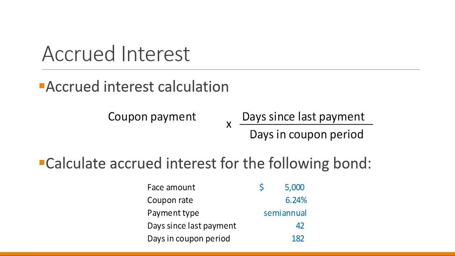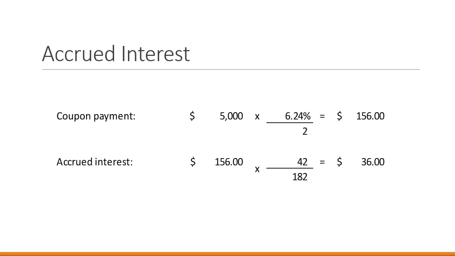So here we have an example to calculate the accrued interest given the following bond information. We have a $5,000 bond with a coupon rate of 6.24%, semi-annual payment twice a year. The last payment was 42 days ago, and this current payment period is 182 days. So we use the formula that's given above in the first half of the slide to complete our calculation.